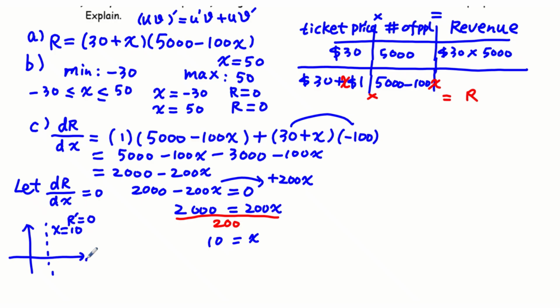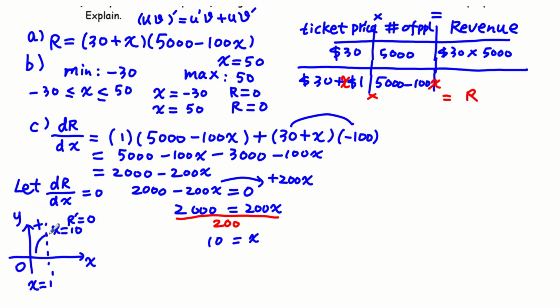So on the left side of this x equals 10, we could just pick any point. For example, x equals 1, sub into the dR over dX. Then we put 1 here, you will find 2,000 minus 200 is positive. So we have a positive slope on this side.